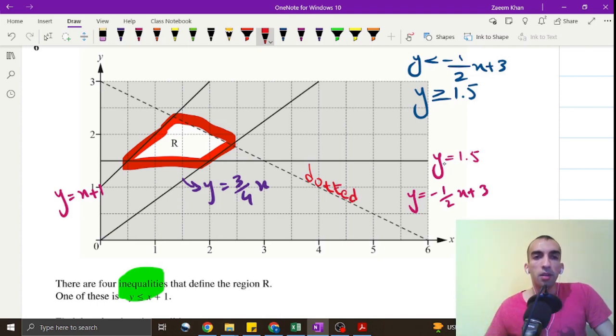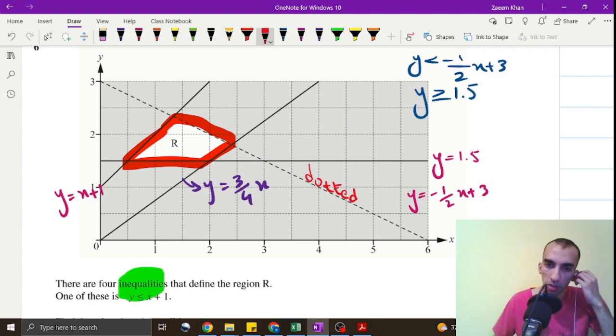It's a dotted line. Remember we discussed in the first lesson, a dotted line represents that we're not supposed to include it in the shaded region. If it's a solid line, we're supposed to put an is equals to sign, because that's when we're supposed to include it in the shaded region. Otherwise, we're not supposed to include it in the shaded region.